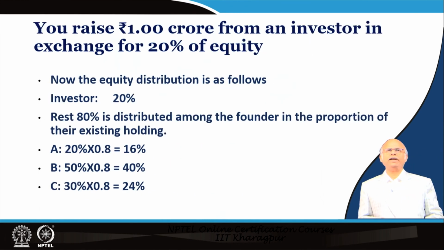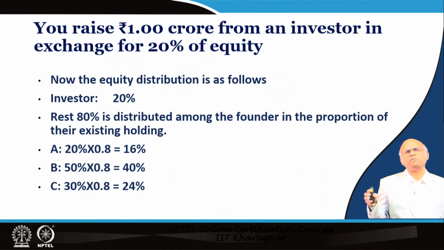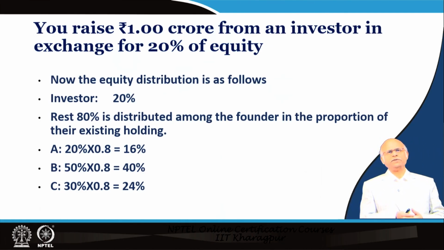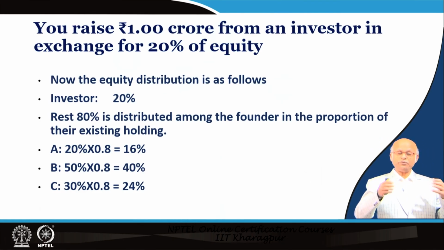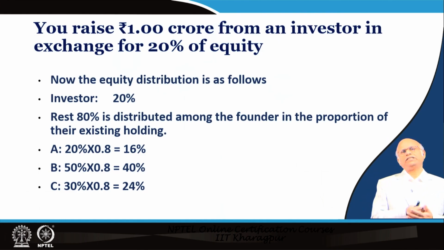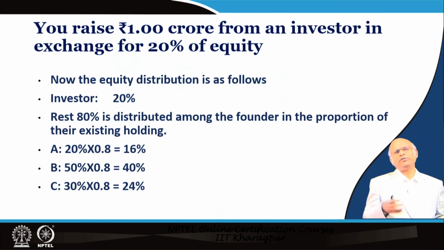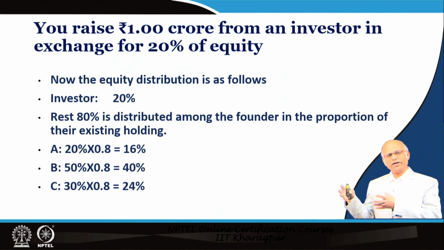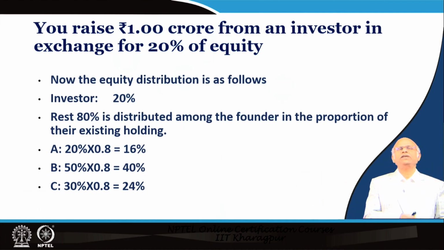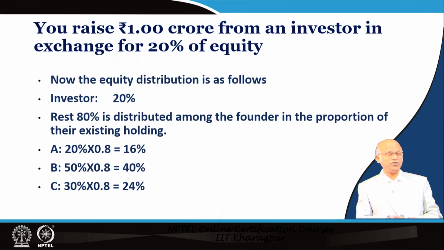Now, suppose after a while you invite somebody to invest some money in your company, say 1 crore rupees, and that person wants 20% equity in your company. So, you have to now allot some shares to this person. You may have to increase your authorized capital, or you have to allocate within this 15 lakh authorized share capital by allocating shares from your own holding to the new investor, because he is demanding 20%.